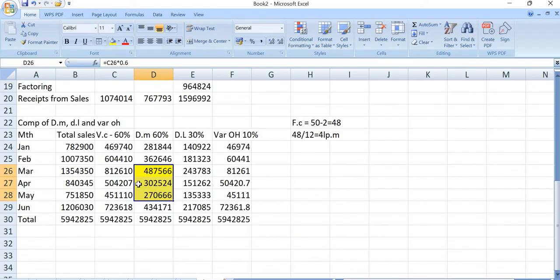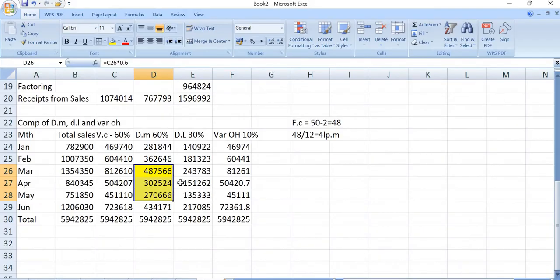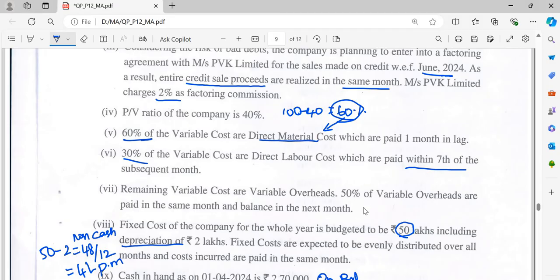So now we can go for budget. So we have all the calculations ready. So we need to remember one thing. So for direct material, they have given 1 month lag. So for March month direct material, we will be paying in April. So April we are going to pay in May, and for May we are going to pay in June. So for direct labor, there is one small twist. Actually, if we understand this twist, we can easily calculate. Paid within 7th of the subsequent month.